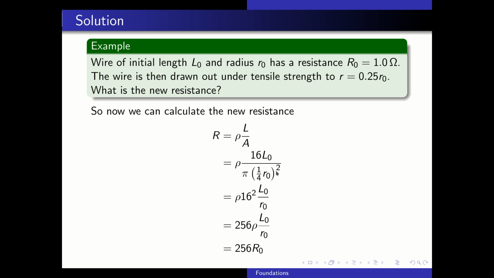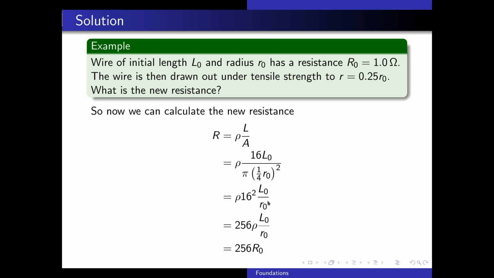This quarter becomes a 16th, sorry, and that 16th flips up into the numerator, so we have 16 times 16 to give me 16 squared. So I have rho times 16 squared, L naught over R naught, and I see I've left off a square here, and I also left off the pi. So you can write those in place.